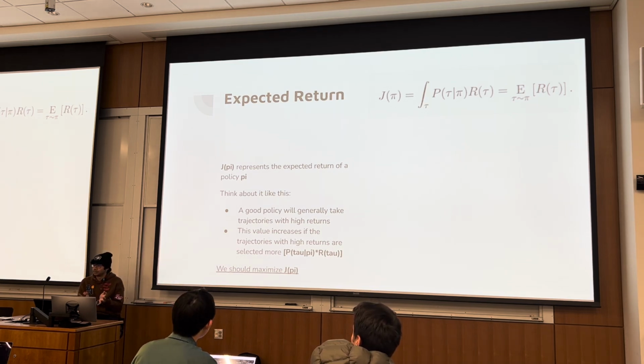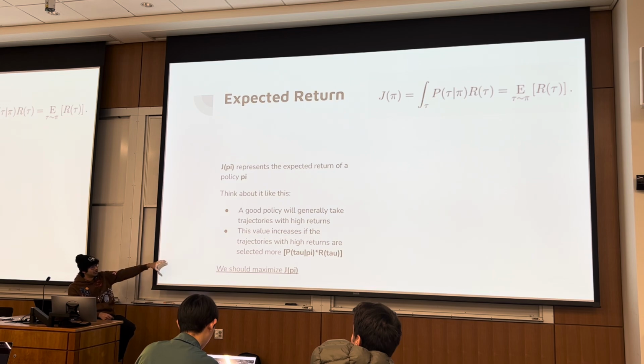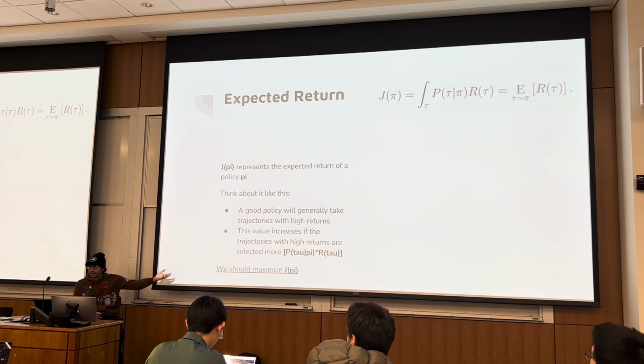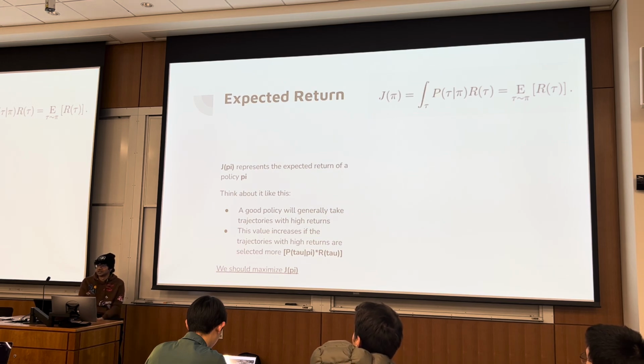Although you could do that in parallel with a bunch of agents and then kill off the ones that don't do as well. If you use J of pi as what we want to maximize, you can either pick the agent that maximizes it, replicate it, and try it again. That's genetic algorithms. Or you could change the weights of the one agent you have, and that would also maximize it because it would be a different pi. Again, it depends. There are a lot of ways to do this. Any other questions?